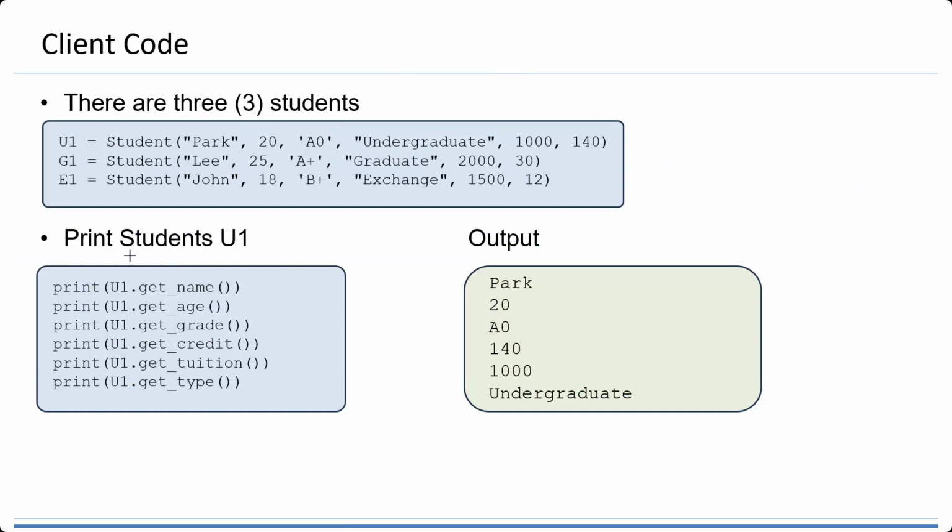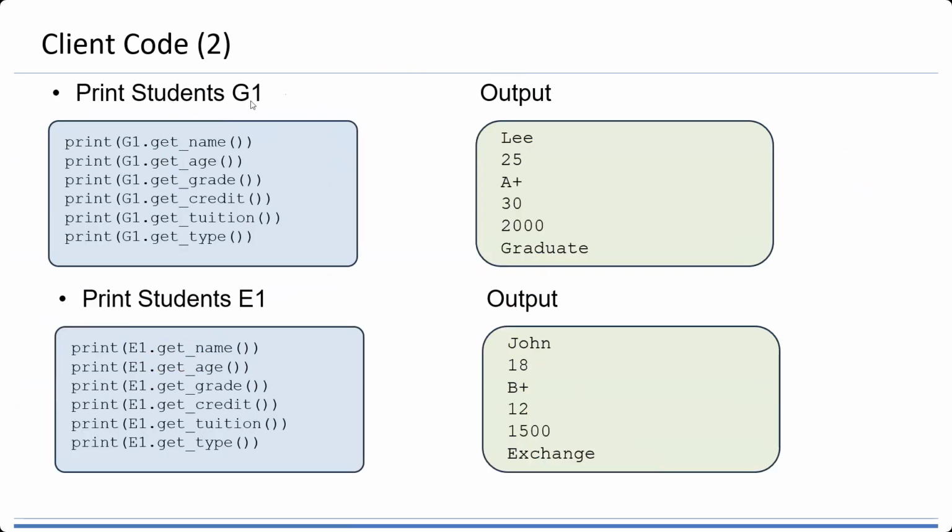Okay, so if you want to print the student U1, then you have U1. For all objects of U1, you can call the method, and then you can get the information. If you want to get the student G1, you have the G1 as the instance, and then you call the method.